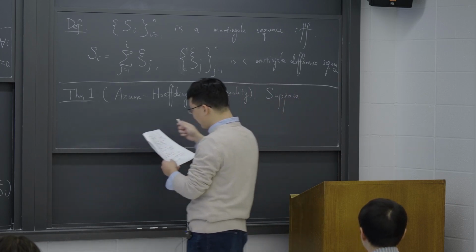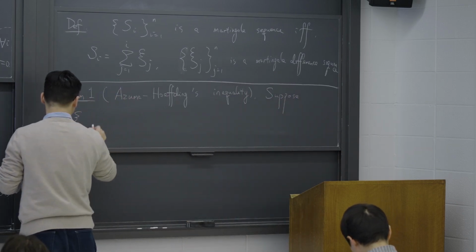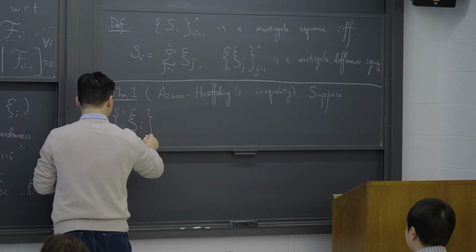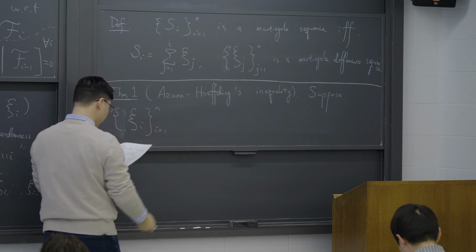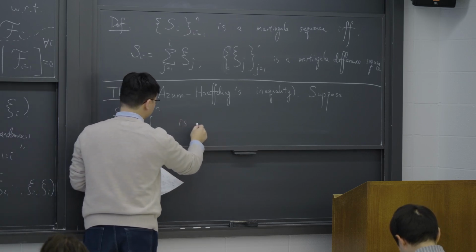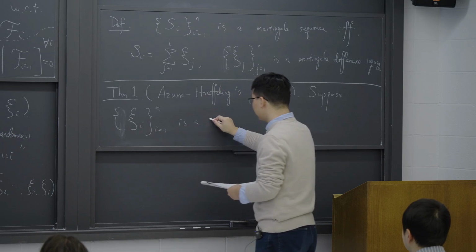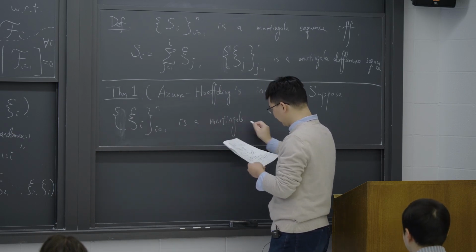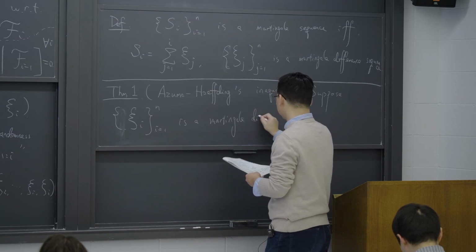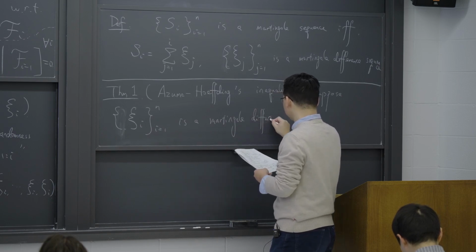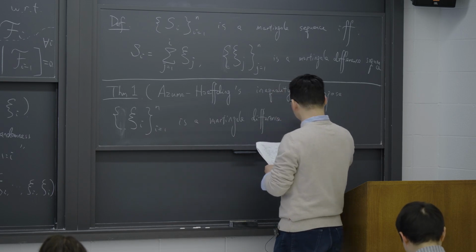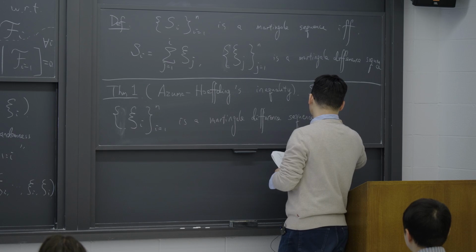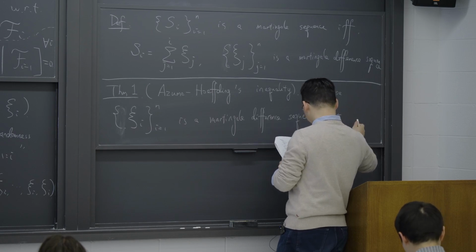Suppose Ci, i from 1 to n, is a Martingale difference sequence with respect to the filtration Fi.